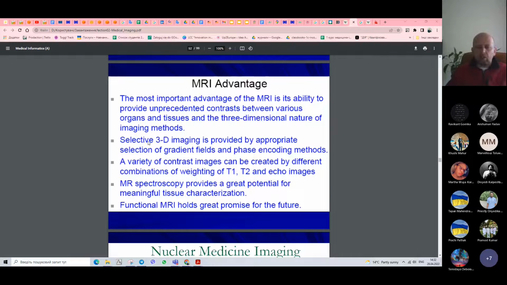A variety of contrast images can be created by different combinations of weighting of T1, T2, and echo images. MR spectroscopy provides a great potential for meaningful tissue characterization. Functional MRI holds great promise for the future.